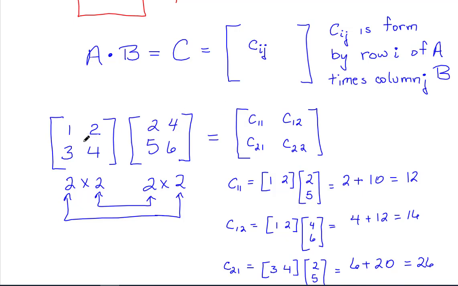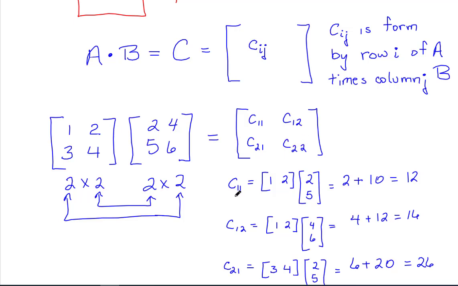As an example, I have two matrices, both are 2 by 2, and so the answer is going to be 2 by 2. The answers will be C11, C12, C21, and C22.